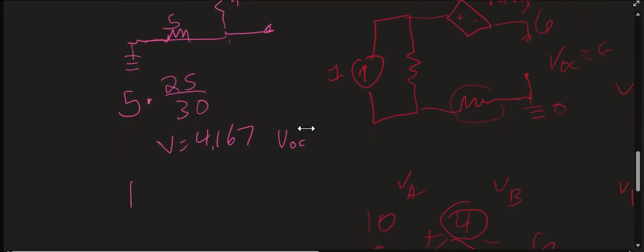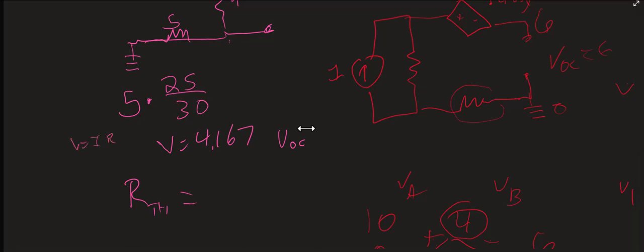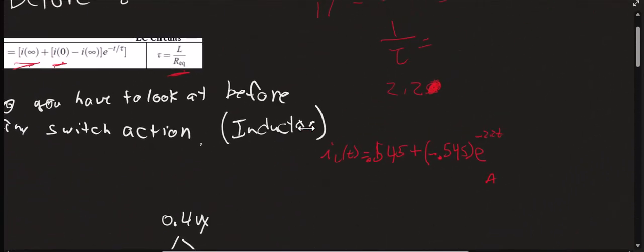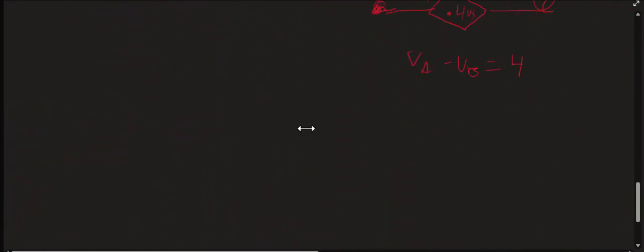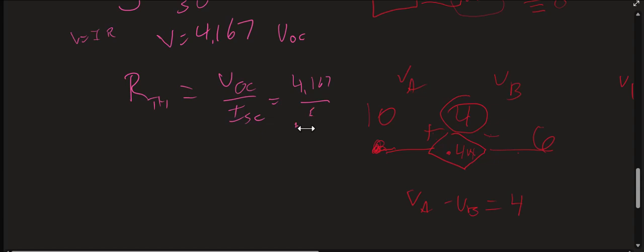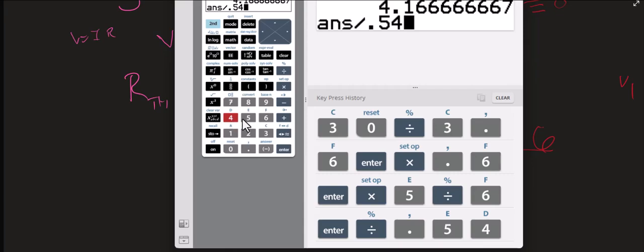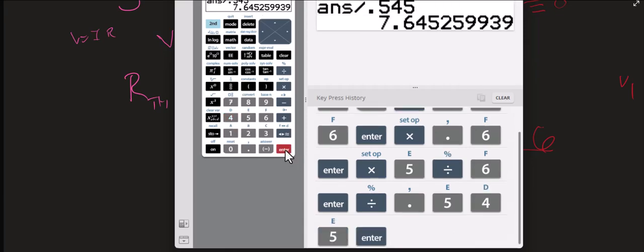And so to find R Thevenin, we need V open circuit over I short circuit, and V open circuit is 4.167, and I short circuit we found was 0.545. And so R Thevenin is 7.64.